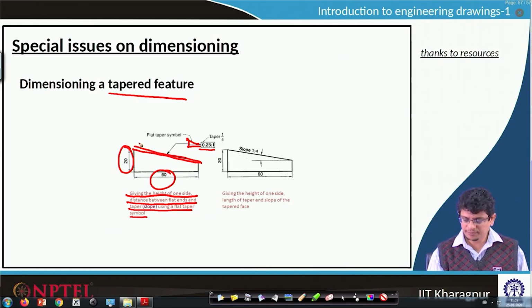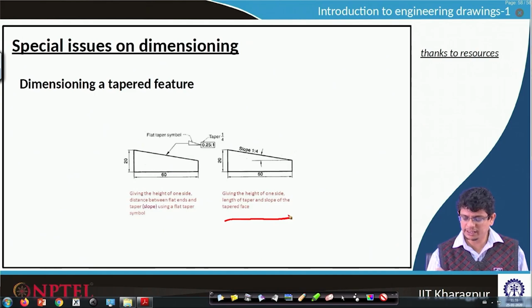The other way is, let us look at this one, giving the height of one side, perhaps this one, the length of the taper, and the slope of the tapered face.